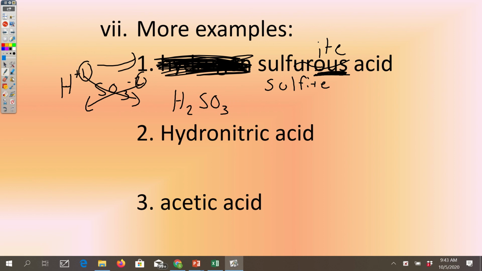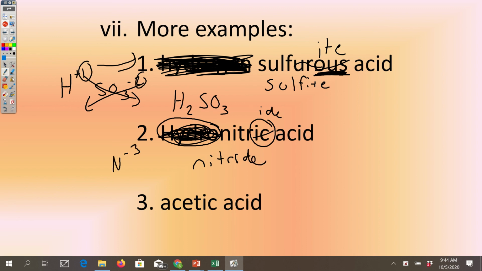Now let's look at number 2, hydronitric acid. My ending is ic. I do have the prefix hydro, so my ic is going to turn back to ide, and I'm just going to get rid of this hydro. Nitride comes from nitrogen, which has a charge of -3.